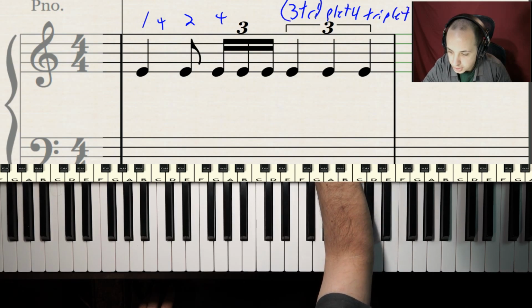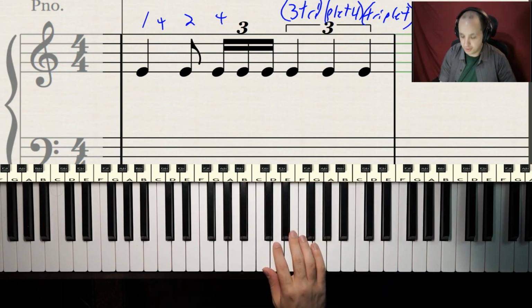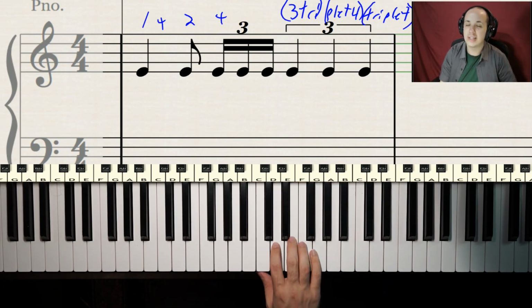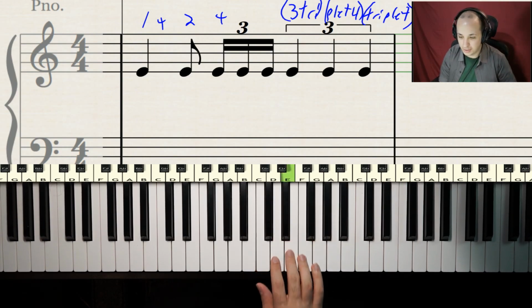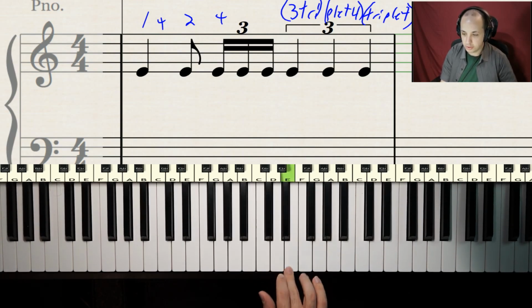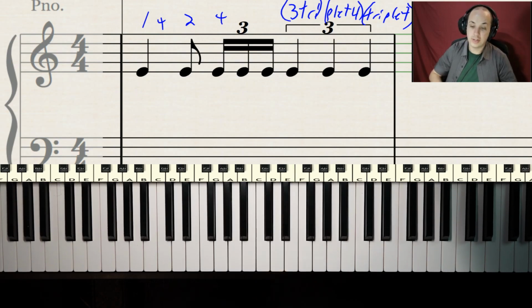The quarter note one is so hard to count. Let me try again. 1 and 2 and 3 triplet, 4 triplet. 1 and 2 and 3 triplet, 4 triplet. So that's how you would do that one.